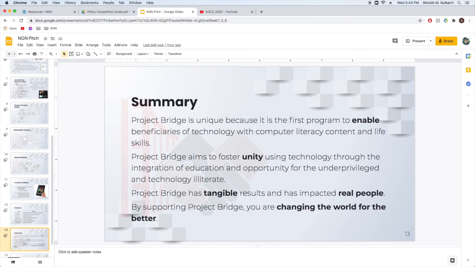So having a recap is very important because you want the investors to remember everything from start to finish. That way, when they ask you questions, you're able to answer more confidently and they're able to have a better idea of whether they want to put their faith in you or not.